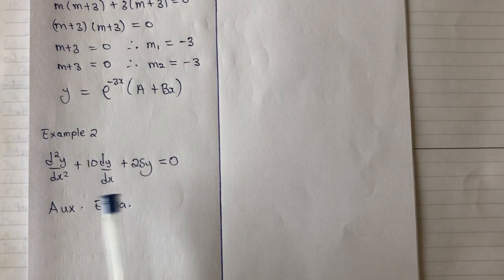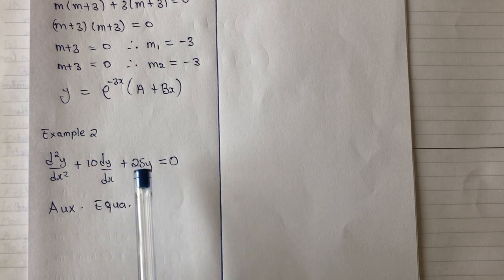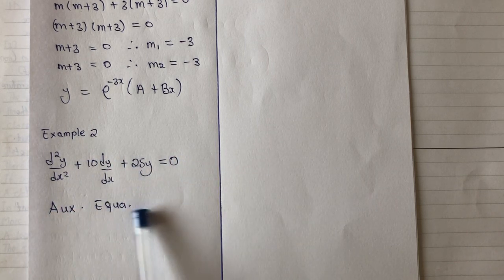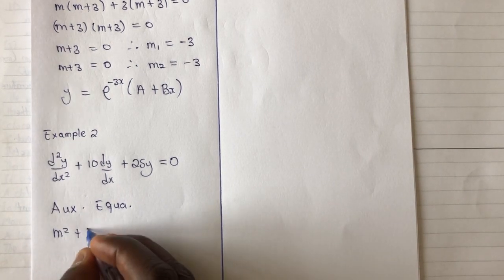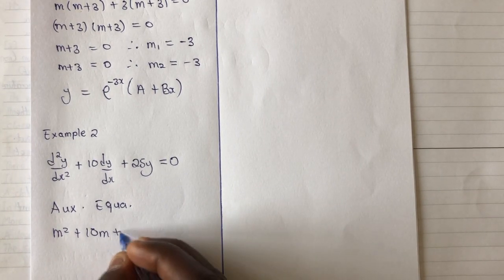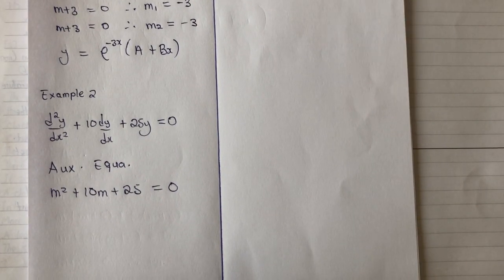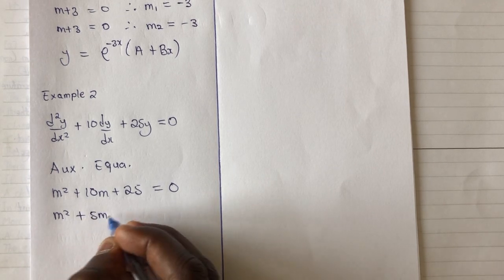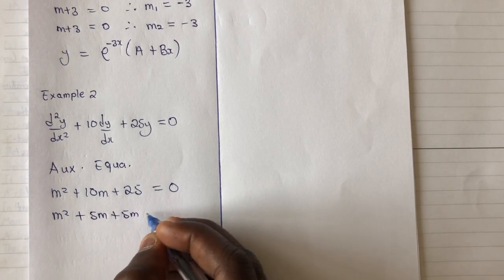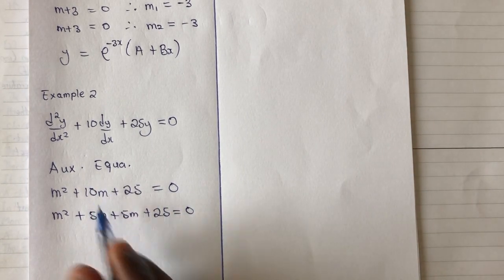In our second example, we have d squared y by dx squared plus 10 dy by dx plus 25y equals 0. To generate the auxiliary equation, we just say that m squared plus 10m plus 25 equals 0. This is very simple. So we have m squared plus 5m plus 5m plus 25 equals 0, since 5m plus 5m will give us 10m.